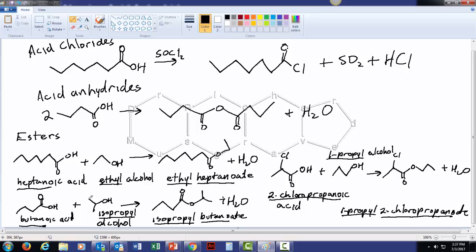Here it didn't matter because isopropyl alcohol is this specific alcohol, but in this case the OH needs to be stated as being at the end, so that's why we make it 1-propyl or perhaps N-propyl alcohol, and this would be 2-chloropropanoic acid, so the name would become 1-propyl 2-chloropropanoate, again the ic acid being replaced with the ATE, and the 1-propyl coming in here showing that the alcohol group is on the end of the chain. So this positioning portion here is going to also be important. Propyl alcohol just won't be enough.